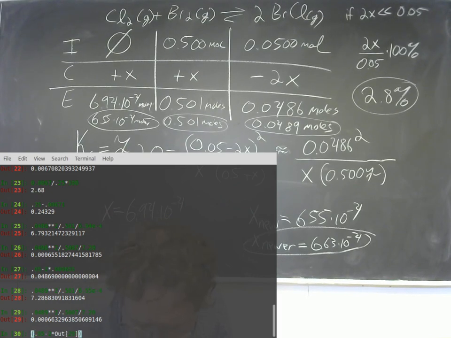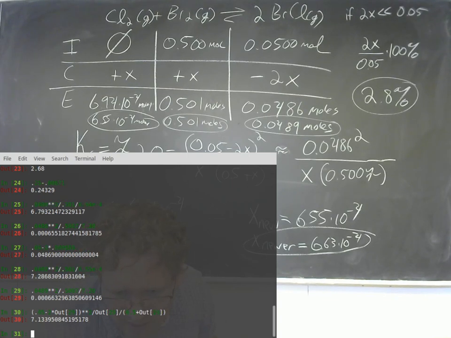And that'll be squared divided by out 29 and divided by 0.5 plus out 29. And we'd better enclose those in parentheses. Oh, we're bouncing around. Now that one is still closer.